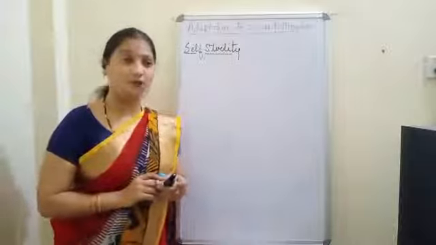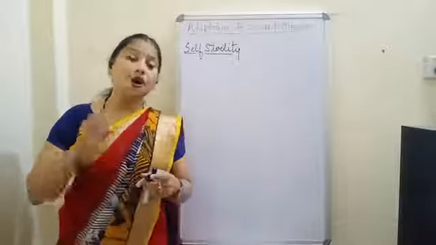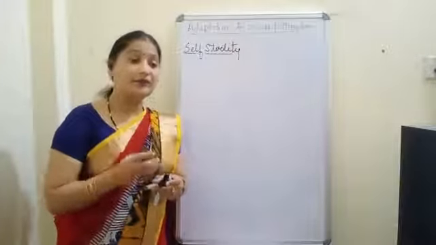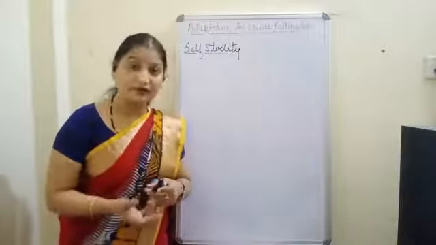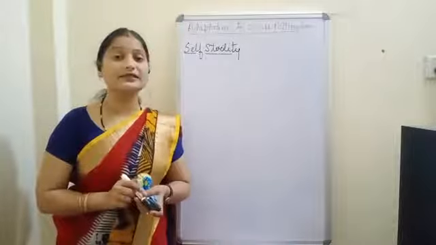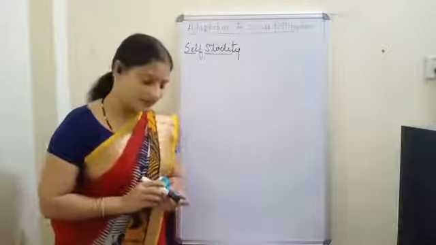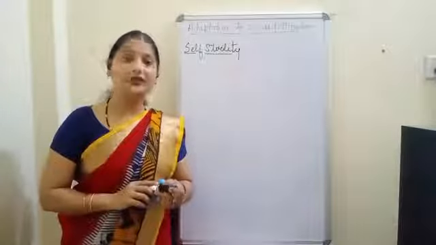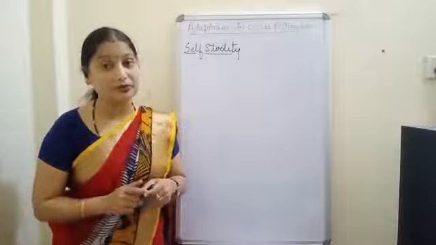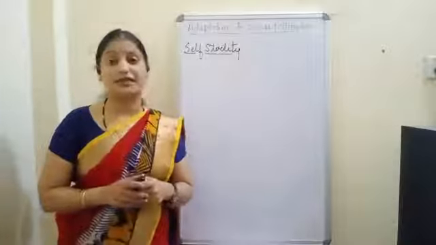Self-incompatibility. When either part of the flower becomes incompatible for the process of fertilization, then that is called self-sterility. And in this case, mostly the pollen grains become incompatible for fertilization.